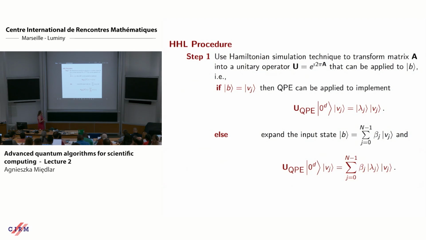So if your b is an eigenvector, then it's a trivial implementation. You can use quantum phase estimation to create the unitary U_QPE such that you apply it to the vector, but since it's an eigenvector, of course you get the result trivially. If it's not, then you want to expand your input state in terms of some basis.